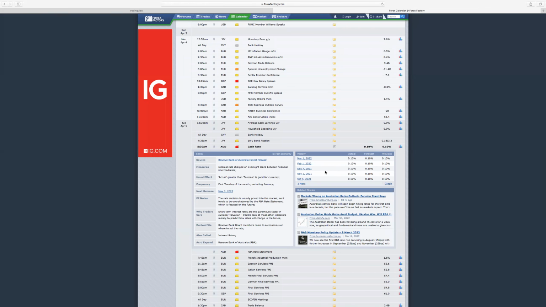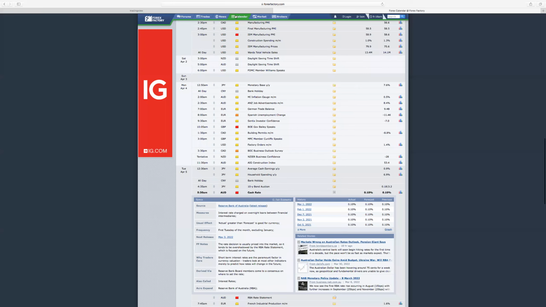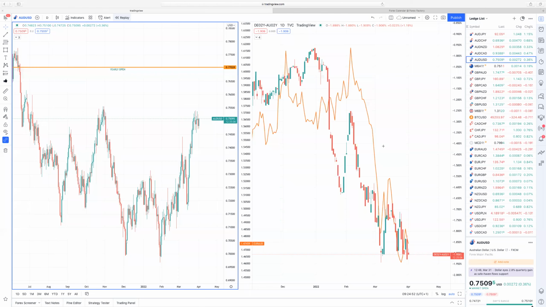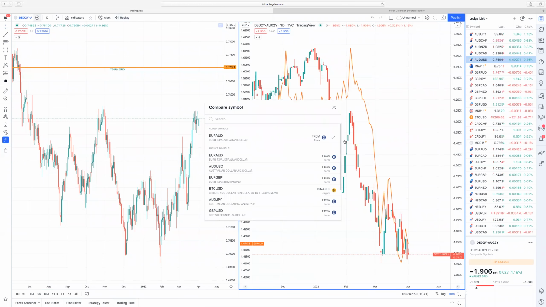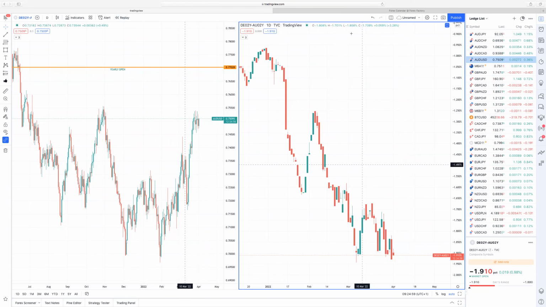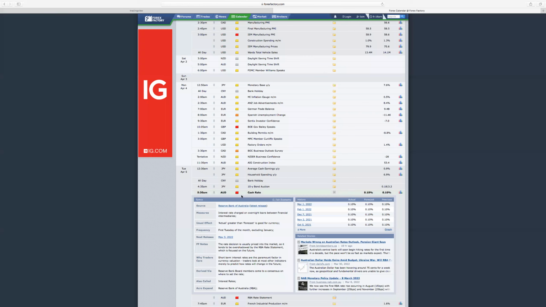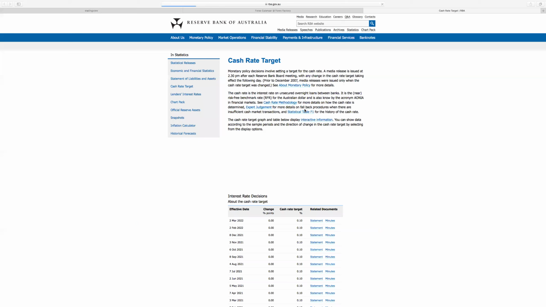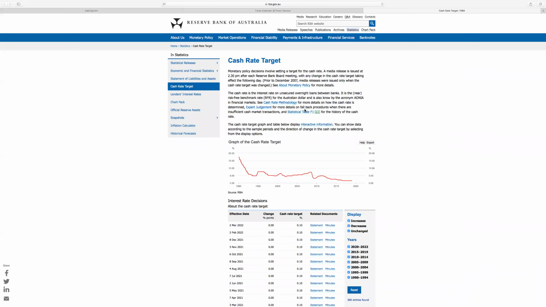I still want to go a little bit through data. It's worth taking note of why the RBA will or could move. One of the main things they always said in past meetings was that, let me go to the last release here, for them to make any moves on rates, they want to see wage inflation, right?